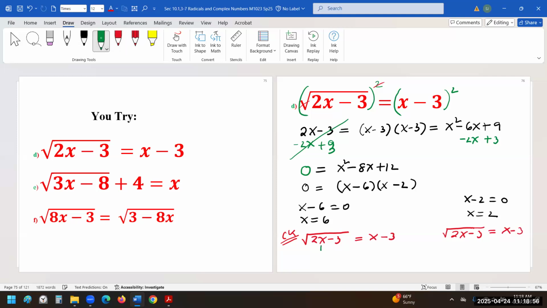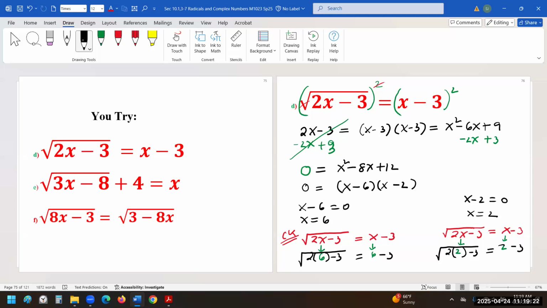In the first case, our x is 6. In the second case, our x is 2. So we get square root of 2 times 6 minus 3 equals 6 minus 3. And square root of 2 times 2 minus 3 should give us 2 minus 3.